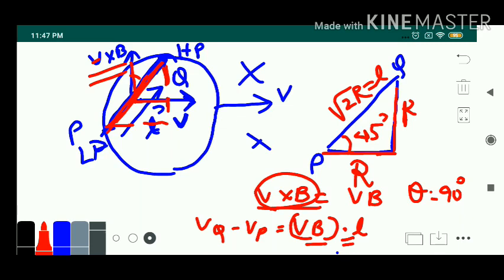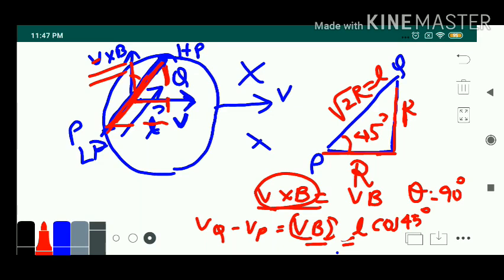It's easy if you understand the logic of it, guys. So I remove the dot and write VBL cos 45 degrees.